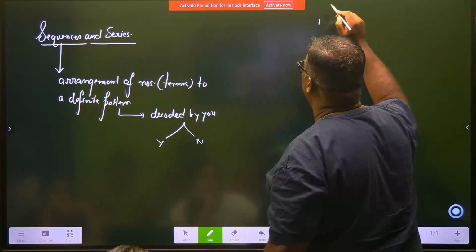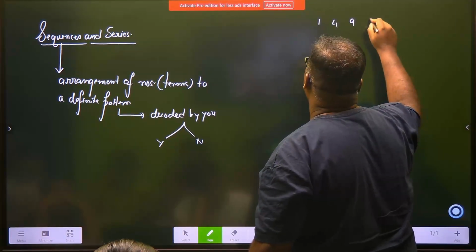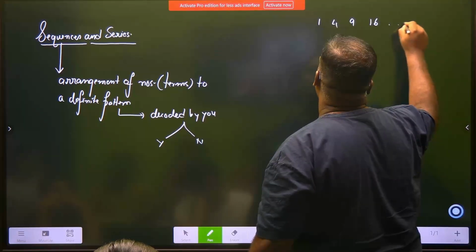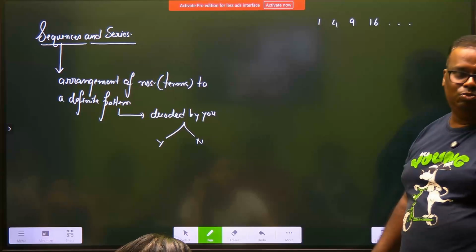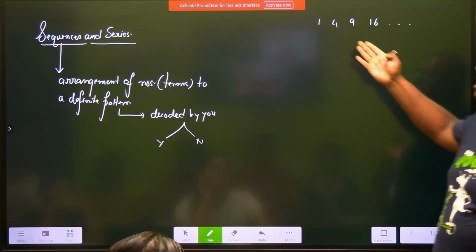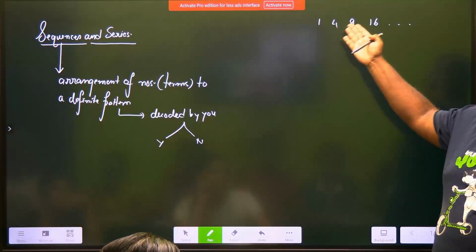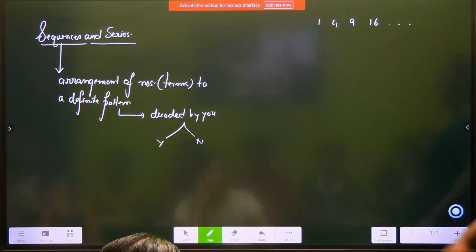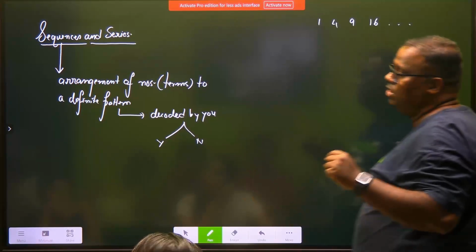Suppose I have a number 1, then 4, 9, then 16, and then this goes on. Now you start thinking what is the pattern to which it is arranged. You think it is like a square, very easy, na? Like 1, then this is 2 square, this is 3 square and 4 square. So there's a definite pattern. So if the numbers are arranged to a definite pattern, we call it a sequence.